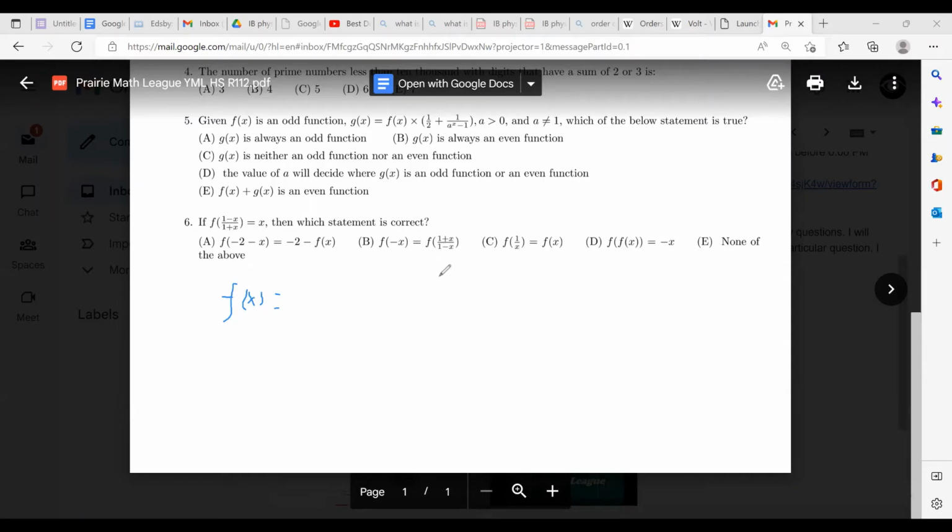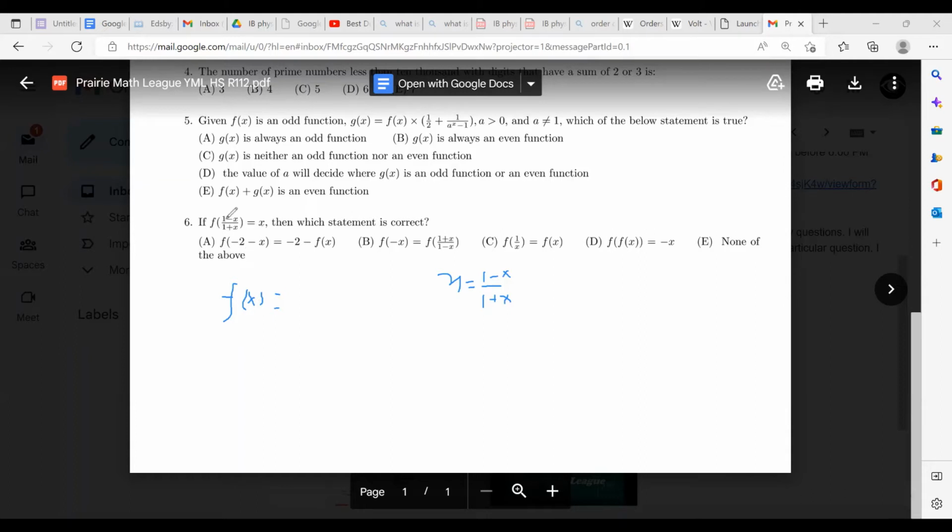So what I'm going to do here is make a new variable y, and set it to 1 minus x over 1 plus x. The point of this is to have f of one variable here.